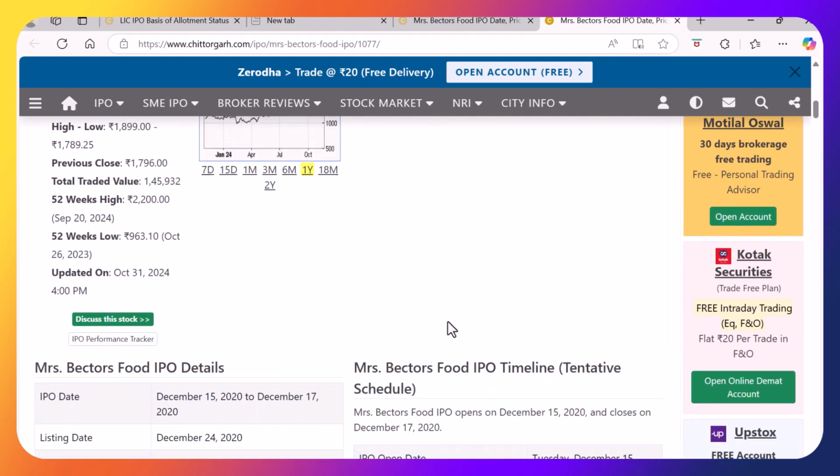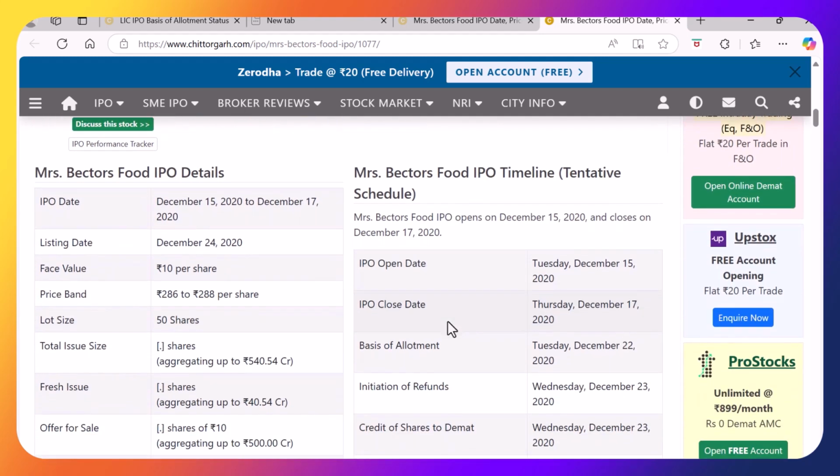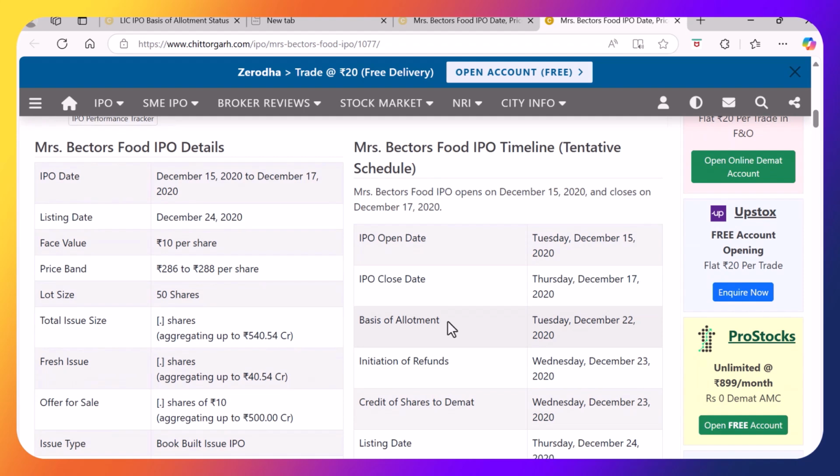Okay, fine. So look at some more IPO details. Just read this, Ananya, the first box here, left hand side. IPO date December 15, 2020 to December 17, 2020. Listing date December 24, 2020. Face value rupees 10 per share. Price band rupees 286 to rupees 288 per share.